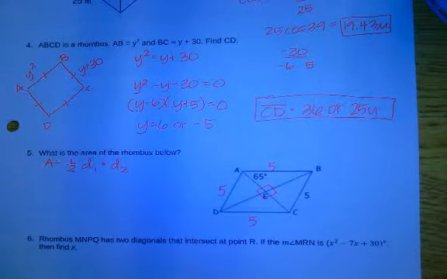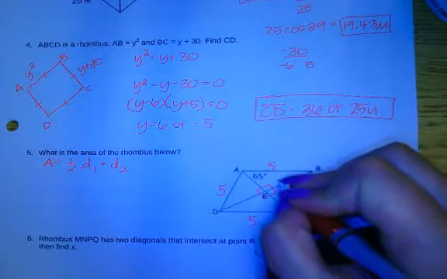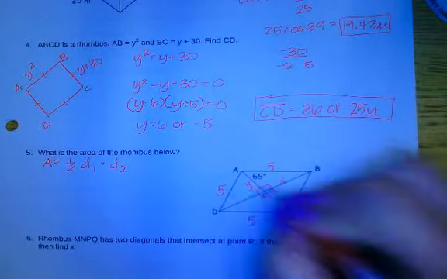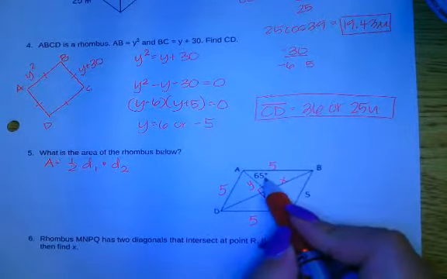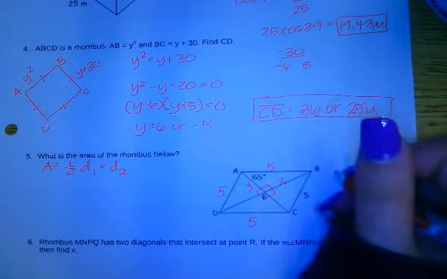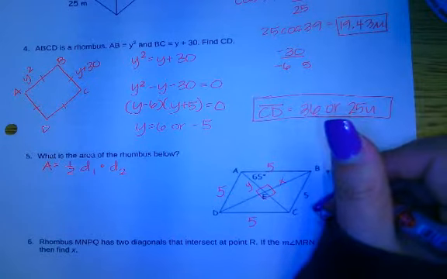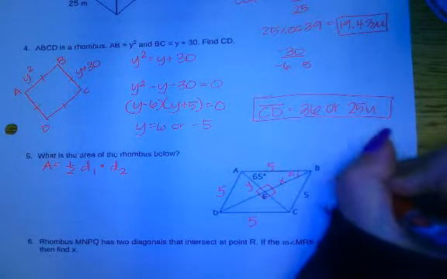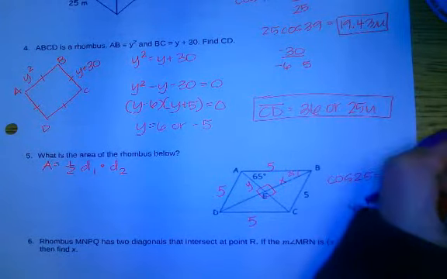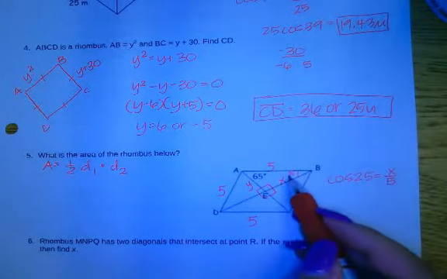I'm just going to use two variables, x and y. I need the lengths of both of these. How am I going to figure out x? Cos 25 equals x over 5. She just found this missing angle right here, and that's adjacent over hypotenuse.